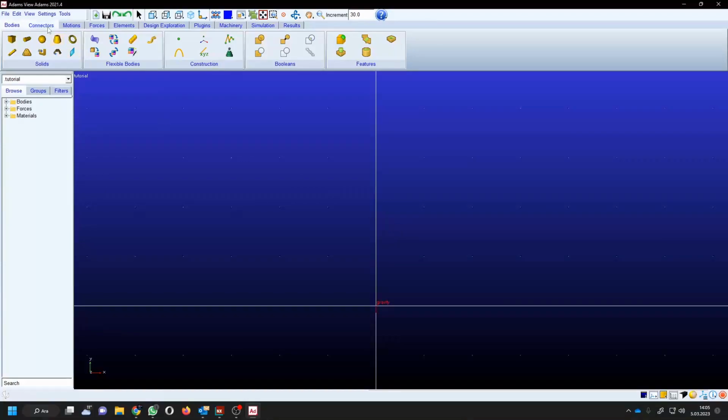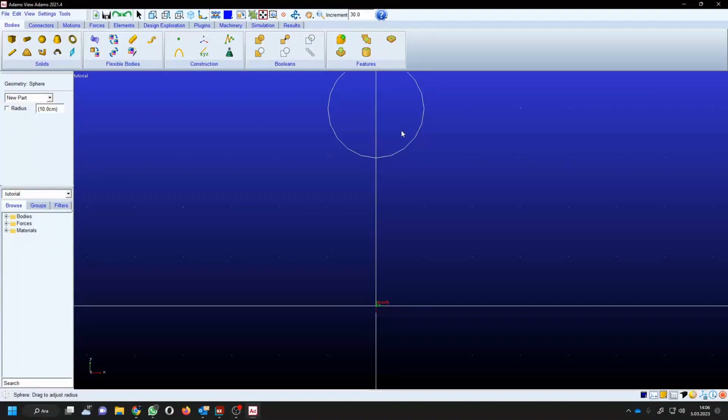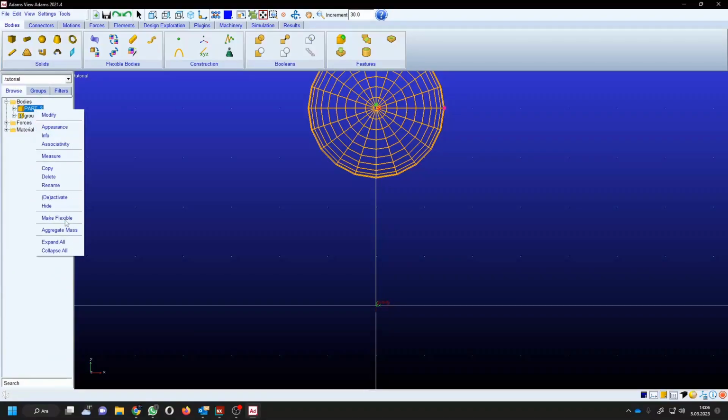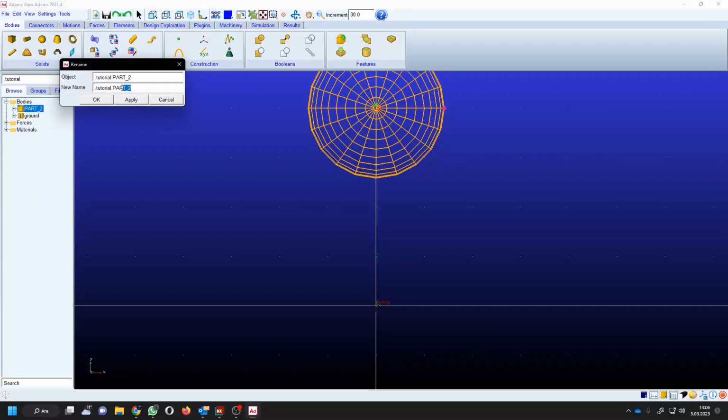Now I will add a construction frame for my Earth fixed global reference frame here. I will add a point mass for my problem and rename it as Paratrooper.